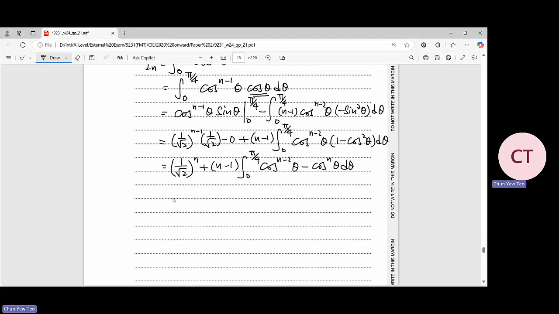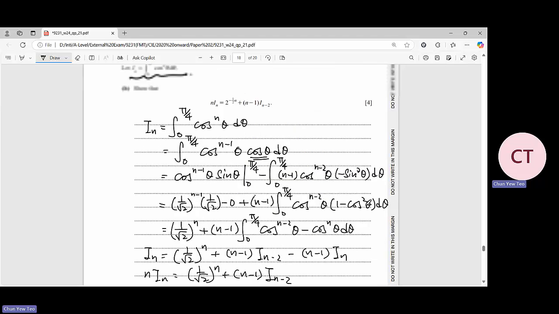Then by expanding and simplifying, you get 1 over sec^n of 2 plus (n minus 1) of I_(n-2) minus (n minus 1) of I_n. This is I_n. So joining together, you have n I_n equals 1 over sec^n of 2 plus (n minus 1) I_(n-2).